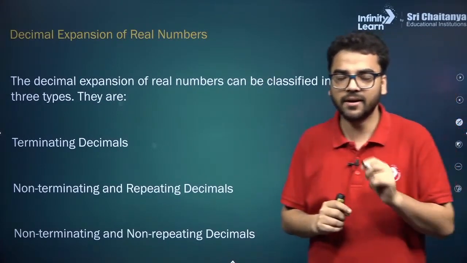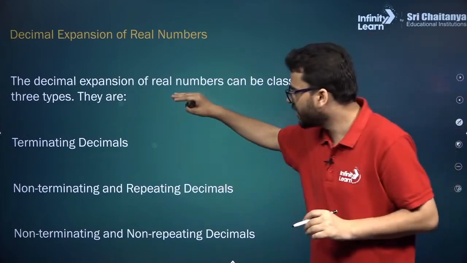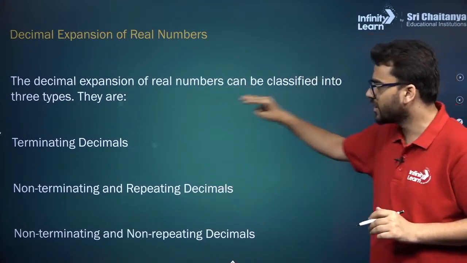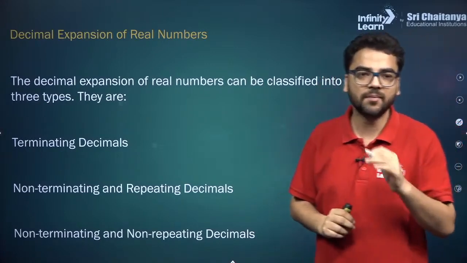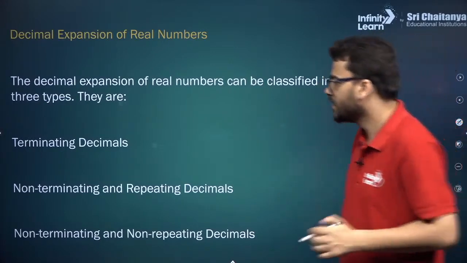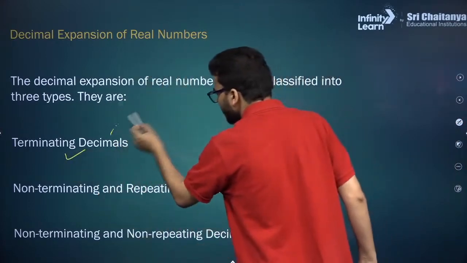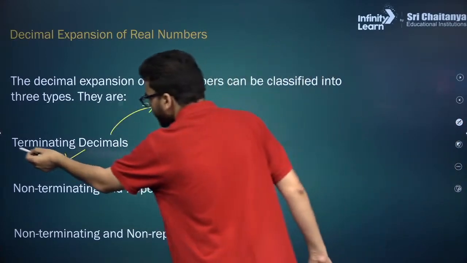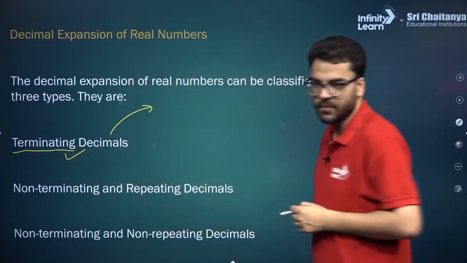Understand over here that rational and irrational, both of them can come up. So basically 3 types of decimal representation can be there. Apart from these, any other type of decimal representation is not possible, right? So the first is terminating decimals. Terminate means to stop, it is simple English: it is stopping after some place of decimal.